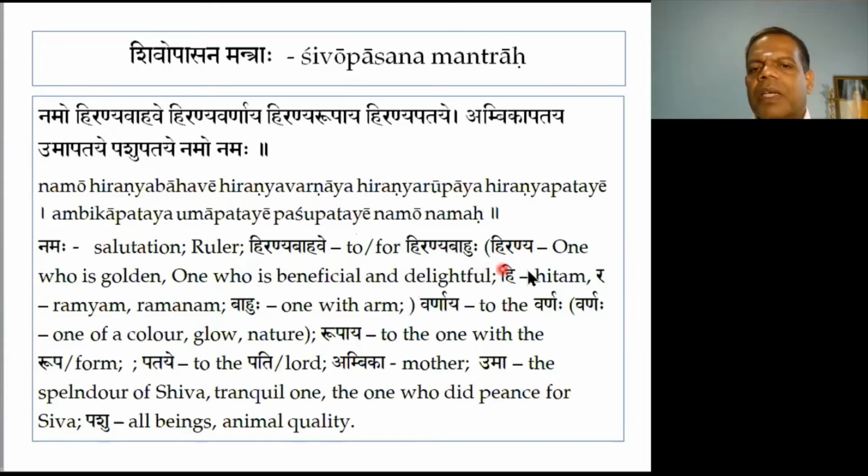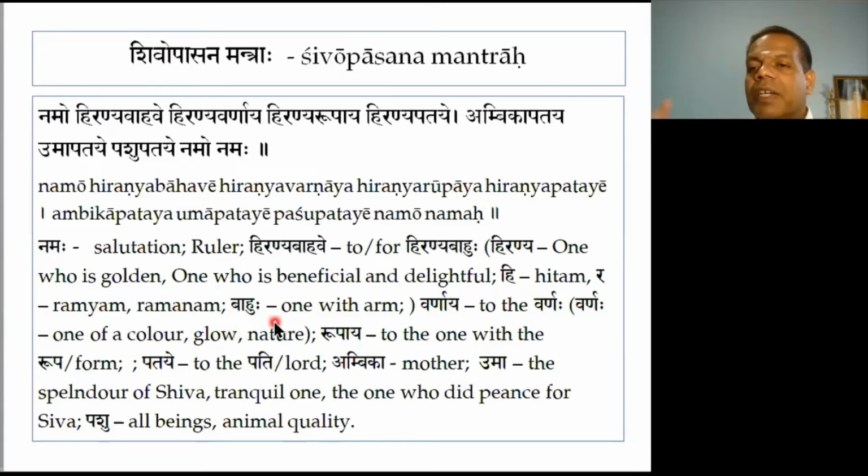Hiranya we have already looked at, but I reproduced what we looked at. Hiranya means one who is golden. Hiranya is gold. One who is beneficial and delightful. Hi stands for Hitam. Ra stands for Ramyam or Ramanam. So that is what is beneficial and what is delightful, what is pleasing.